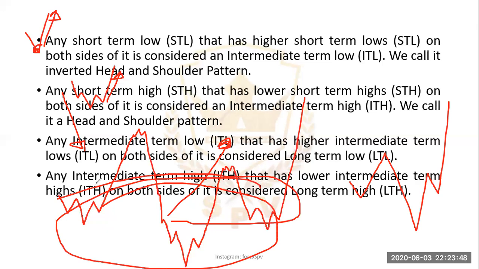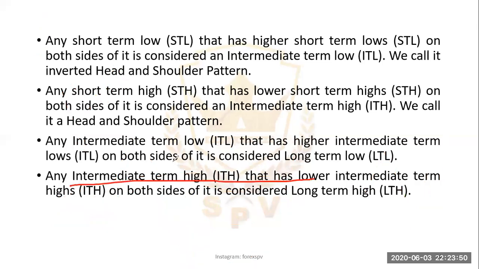And we have a long-term high. A long-term high is when you find a head and shoulder on the left, a head and shoulder in between, and then a head and shoulder on the right.